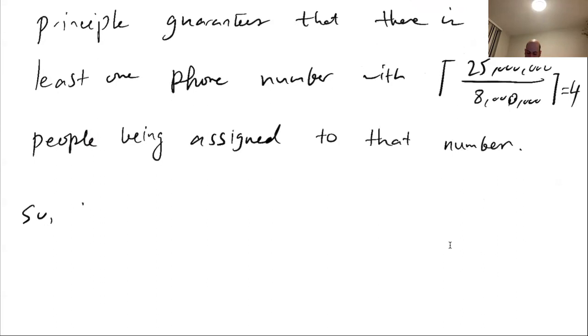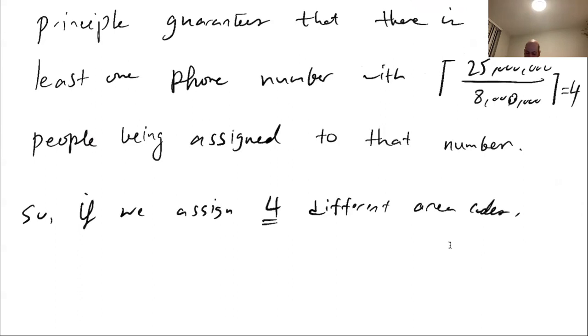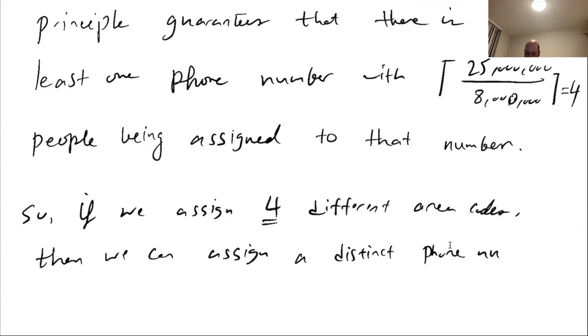So if we assign 4 different area codes, then we can assign each person a different, or distinct, phone number, to each of these 25 million people.